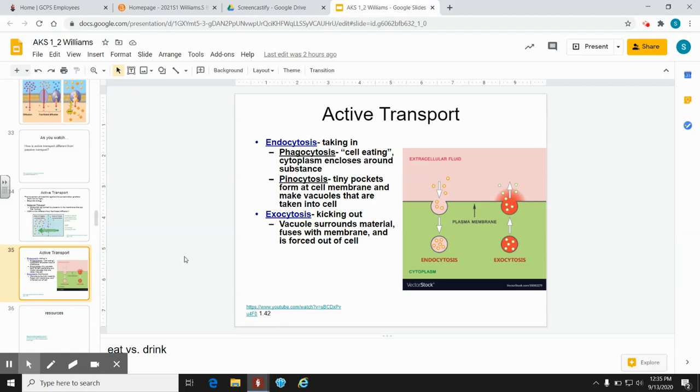Exocytosis. Exo sounds a lot like exit, and that's exactly what it means. And cyto means cell, so exiting the cell. The processes are the same, but they just happen in reverse. So the way that we do this is where vesicles come in, okay? Remember those organelles called vesicles, like lysosomes or vacuoles?